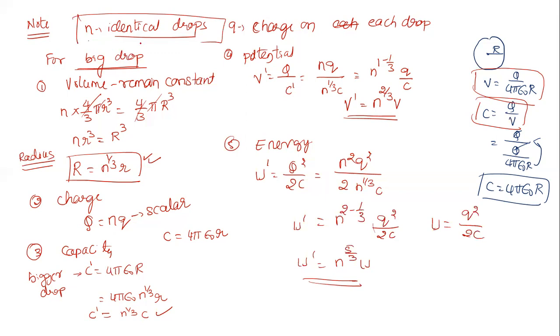They may give you any value like n equal to 24 drops, or 20 drops, 60 drops, whatever number of drops is given to you. This is about the combination. This is the chapter theory part we are discussing. Is it clear to all of you now? Capacitance part theory.